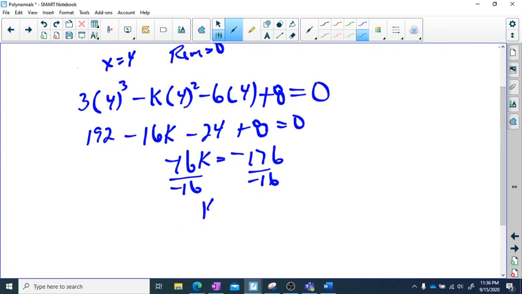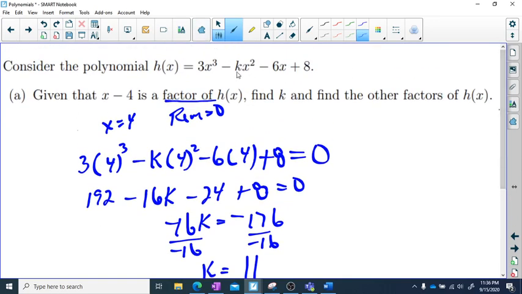So k is going to have to be 11. So that means that the original polynomial that I had, the k value missing here, I now know that that polynomial was 3x cubed minus 11x squared, take away 6x plus 8.